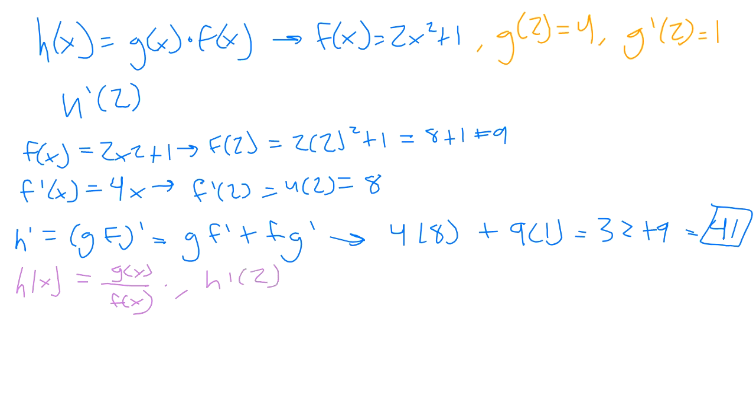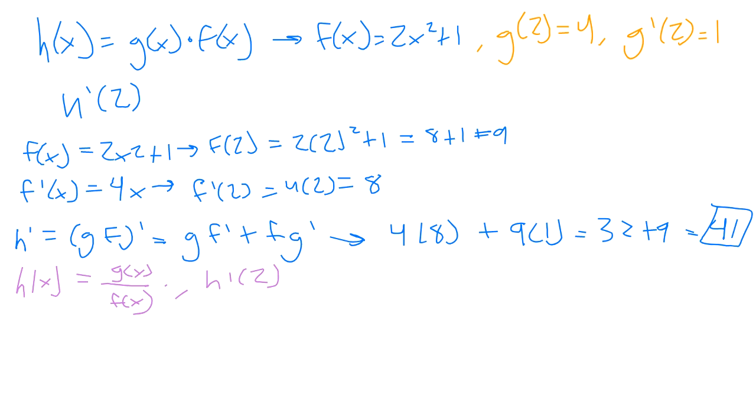Well, it's essentially a very similar concept. We don't necessarily have a function for g, but we have values for g at the point that we want. And we can find our values for f at a specific point. So we can still just plug this straight into our quotient rule.